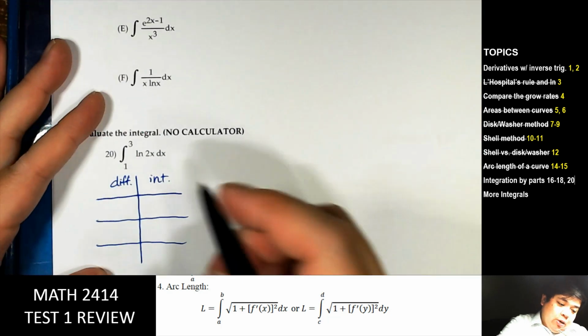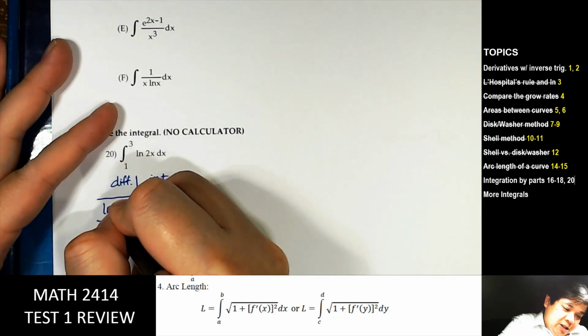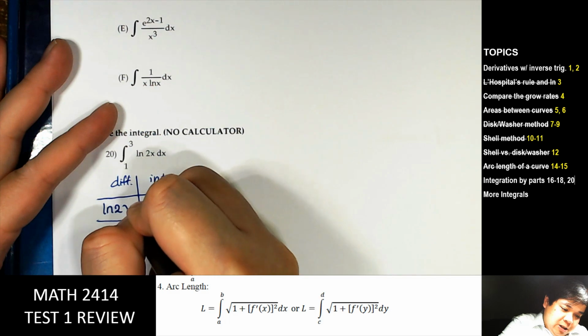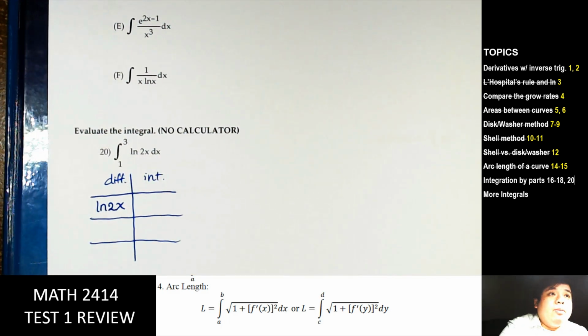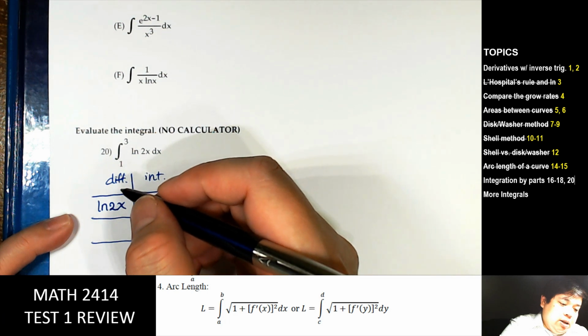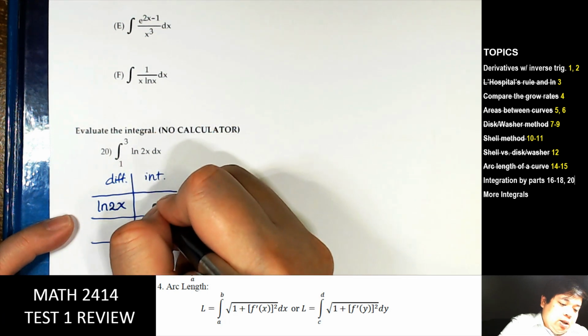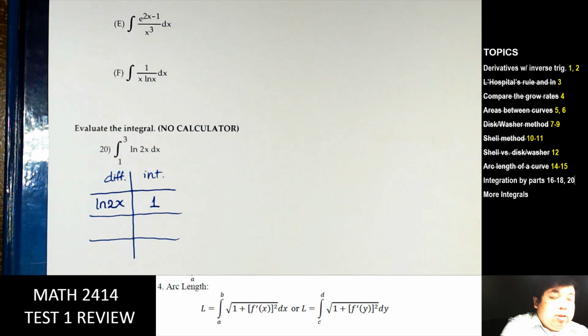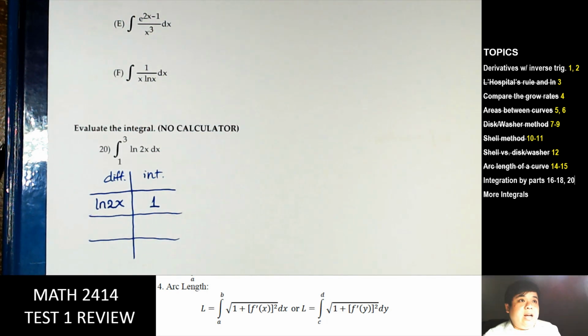So we have to put the ln of 2x here. And integrate, we don't have anything, so we just have to put 1. Right. Derivative of ln of 2x.